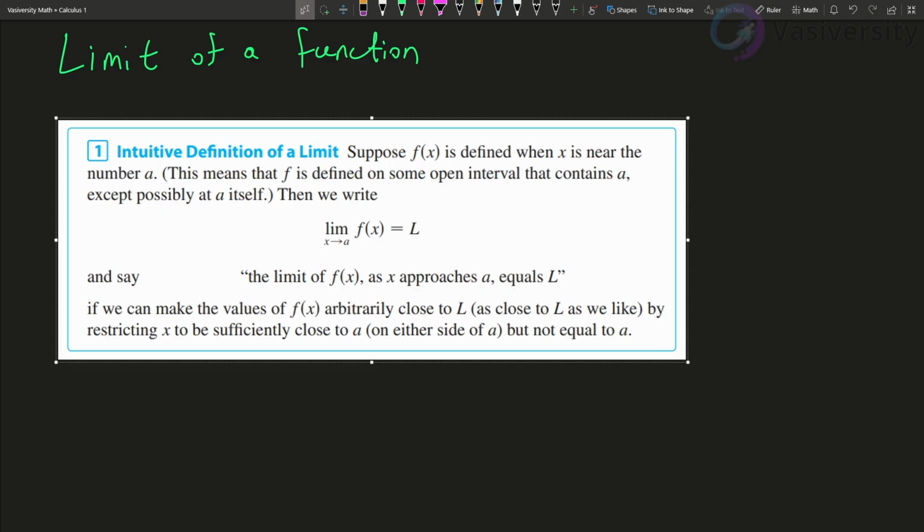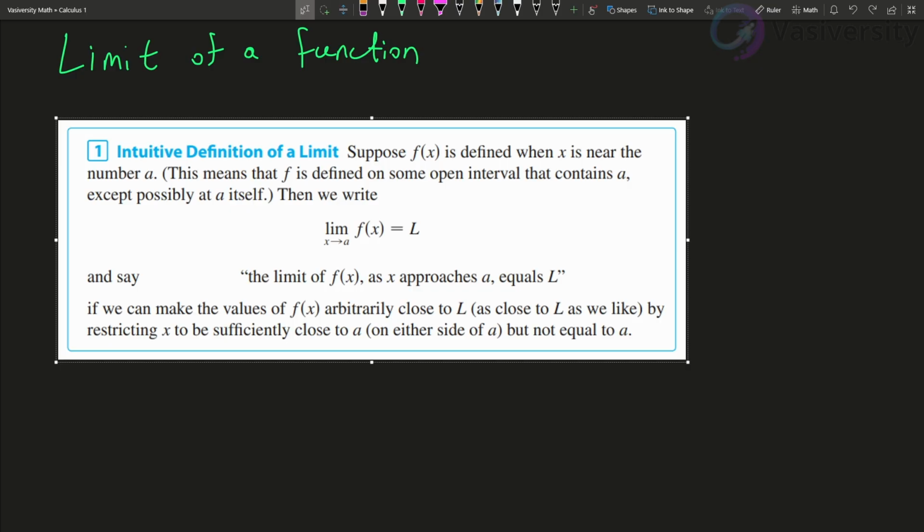We write the limit as x approaches a of f of x is equal to L. If we can make the values of f of x arbitrarily close to L, as close as we like, by restricting x to be sufficiently close to a, on either side of a but not equal to a, then we can say that we do have a limit.